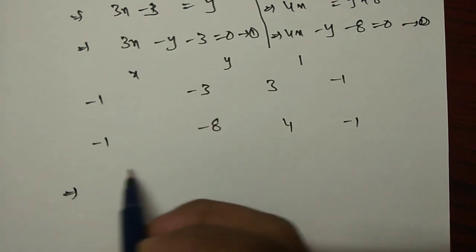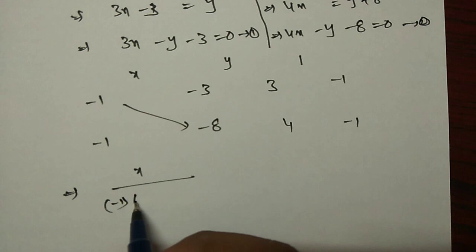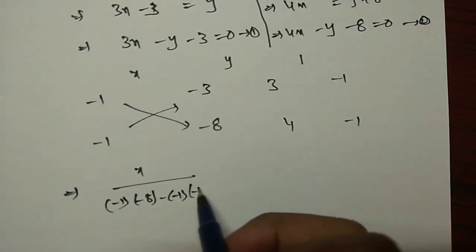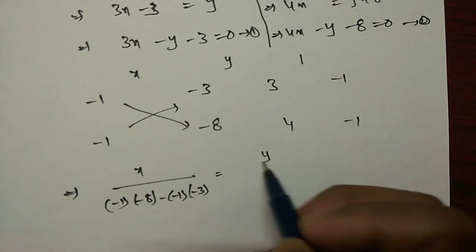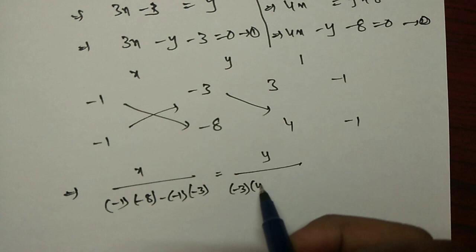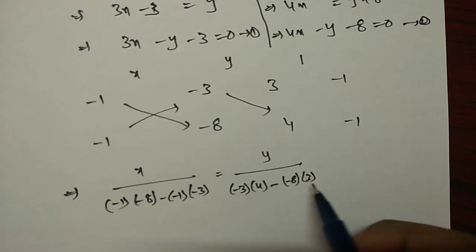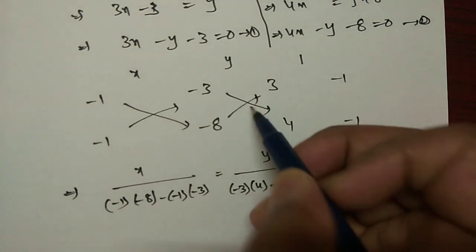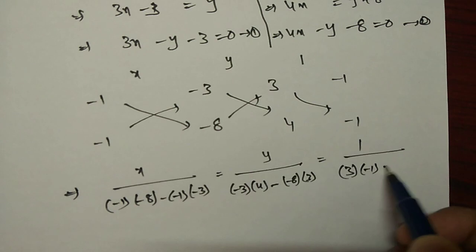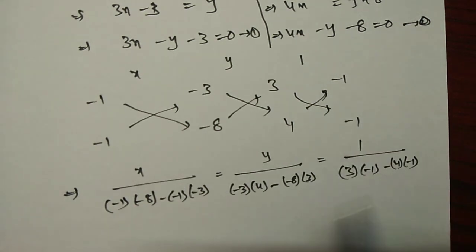So the result is x by -1 into -8 minus of -1 into -3 equal to y by -3 into 4 minus of -8 into 3 equal to 1 by 3 into -1 minus 4 into -1.